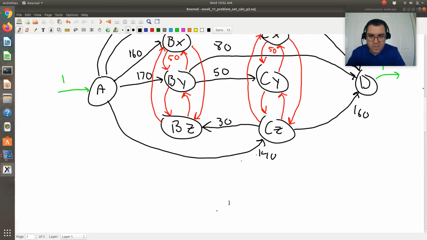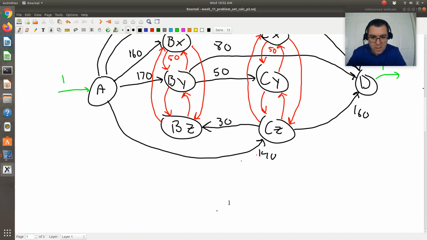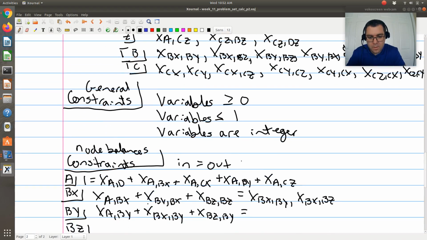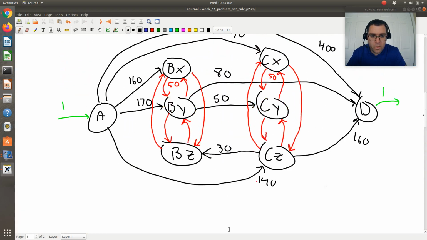Do we have any flights exiting BY? We have two flights, one to D and one to C, so CY. So flights out, we have BY to CY, and we have BY to D, and then transfers.